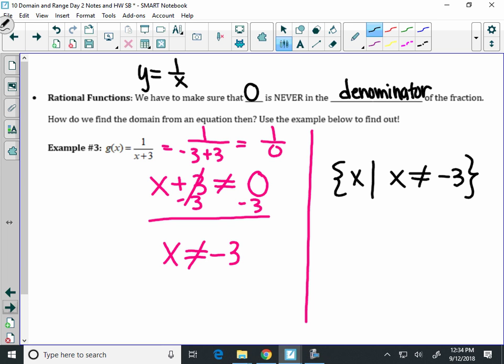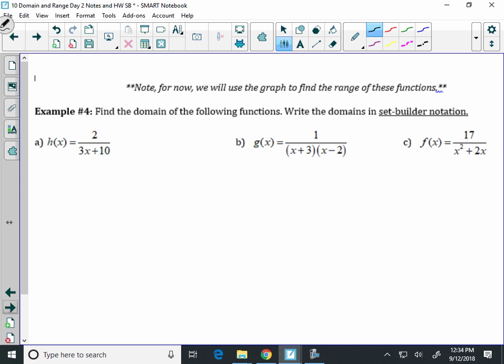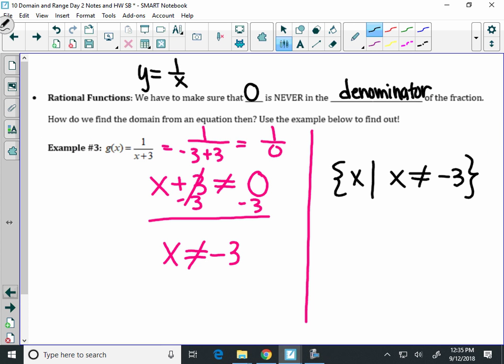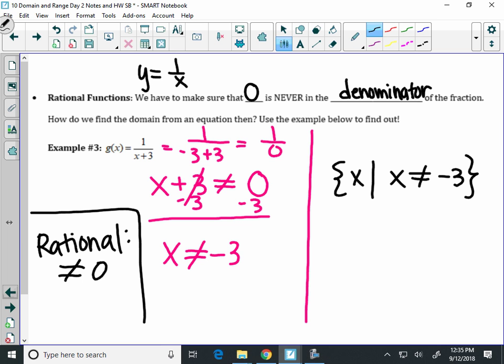Okay? So 2 rules for this domain today. If you have rational functions, maybe make a note to yourself. For the rational function, so when you have a fraction, you take your denominator not equal to 0.